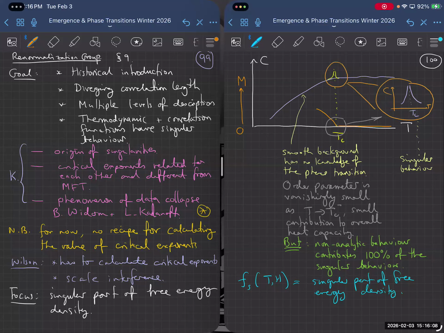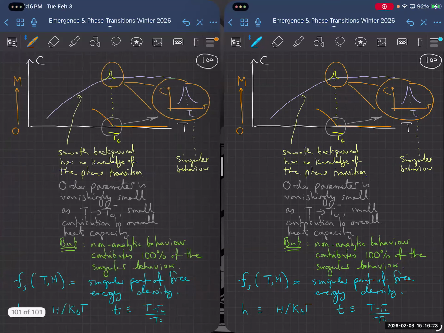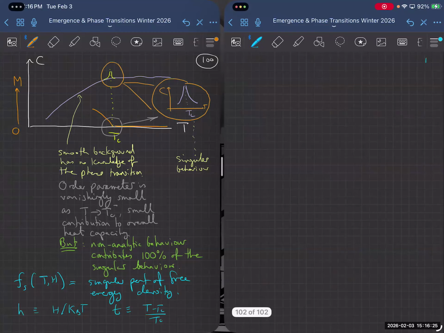Then I'm going to define h to be H over kBT, and I'm going to define little t to be (T minus TC) over TC. And so my free energy then becomes Fs of t and h, and we want to be able to compute what that is.